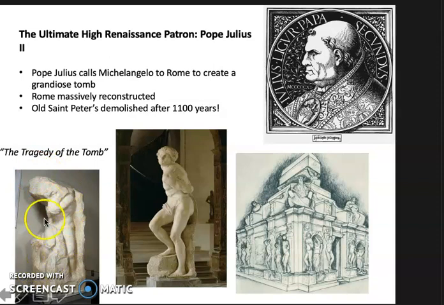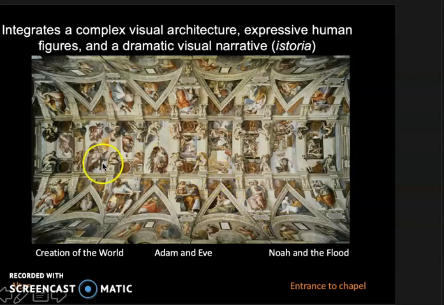And if we go back to the tragedy of the tomb and the unfinished sculpture here that remains from that effort that was thwarted, look at how it is twisting in a serpentine way. And we can certainly say that Michelangelo channeled his frustrations about the tomb into this architectural, sculptural, painted extravaganza that seems to actually encompass all of those arts, which is why Michelangelo in many ways is the consummate Renaissance artist.